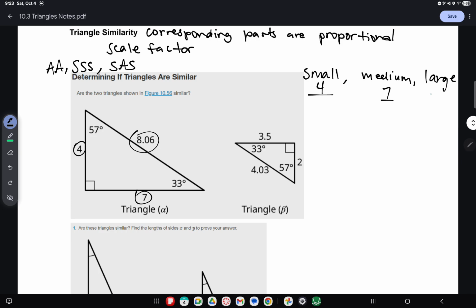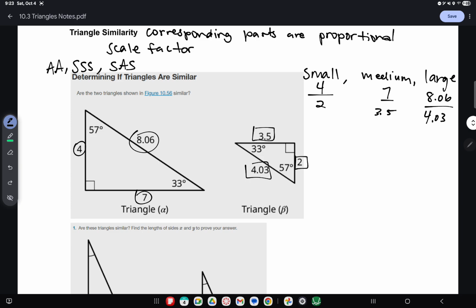And the large is 8.06. And so I'm going to make a proportion to that smaller triangle. So we have 2, 3.5, and 4.03. So the smallest is going to be 2. The medium is 3.5. And the large is 4.03.